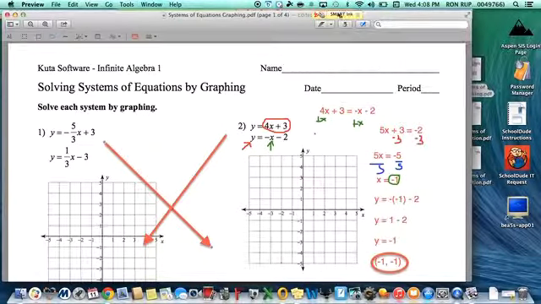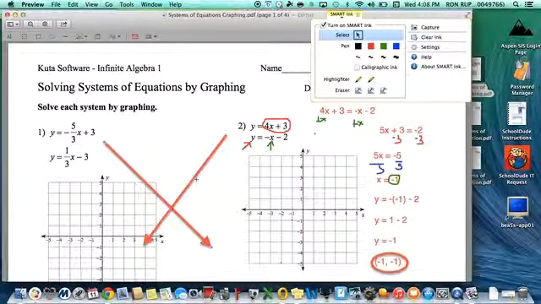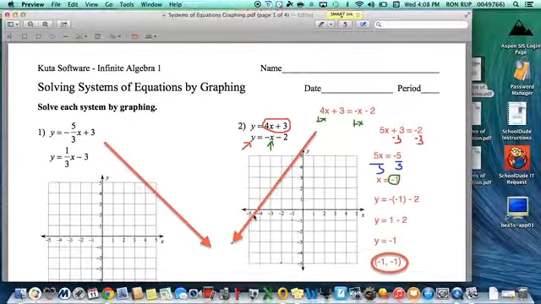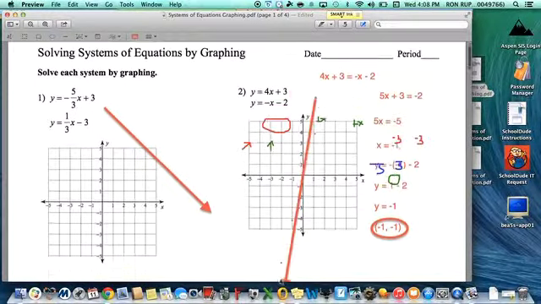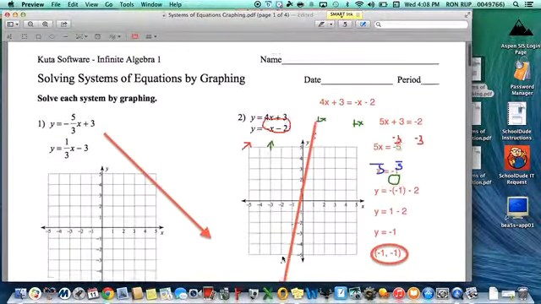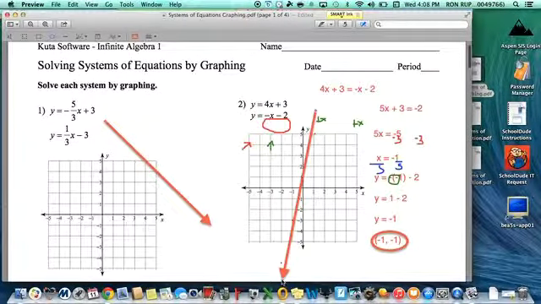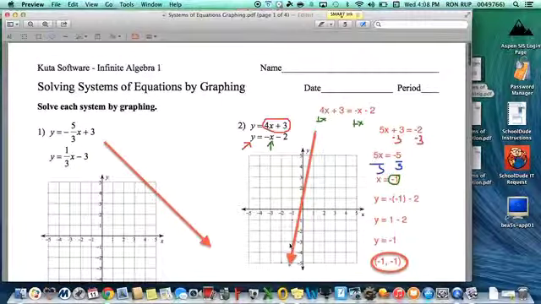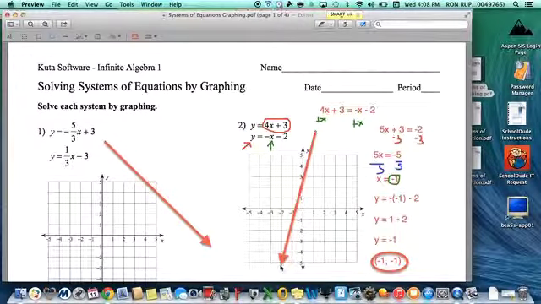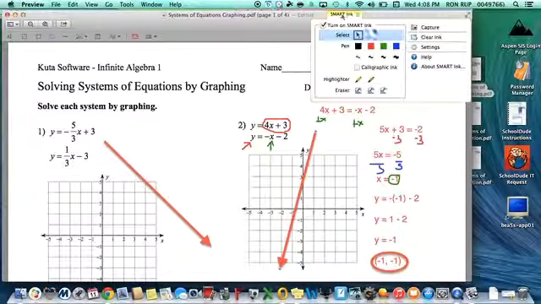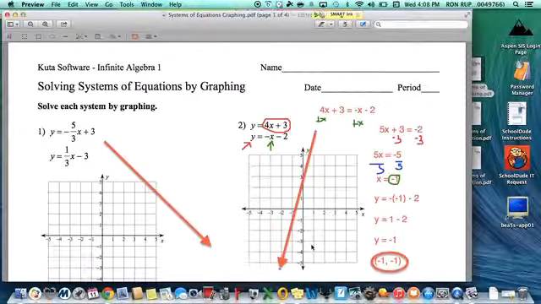And so I'm just going to use this arrow to connect them. Whoops, that's not what I wanted. And then I'll use green for the other one. It crosses at negative 2, and it goes up 1 over 1 in the negative direction.